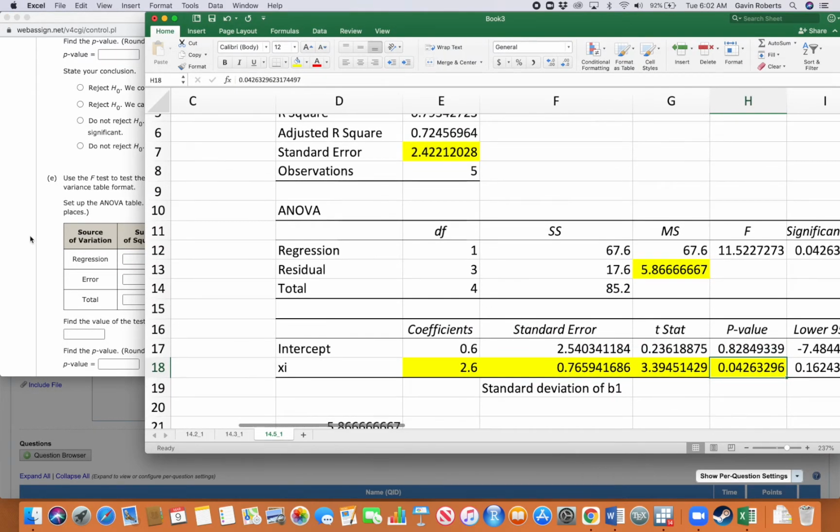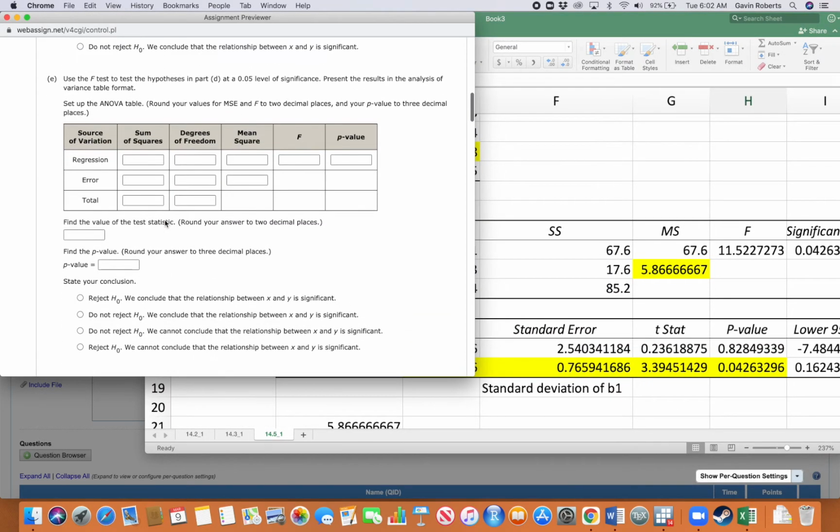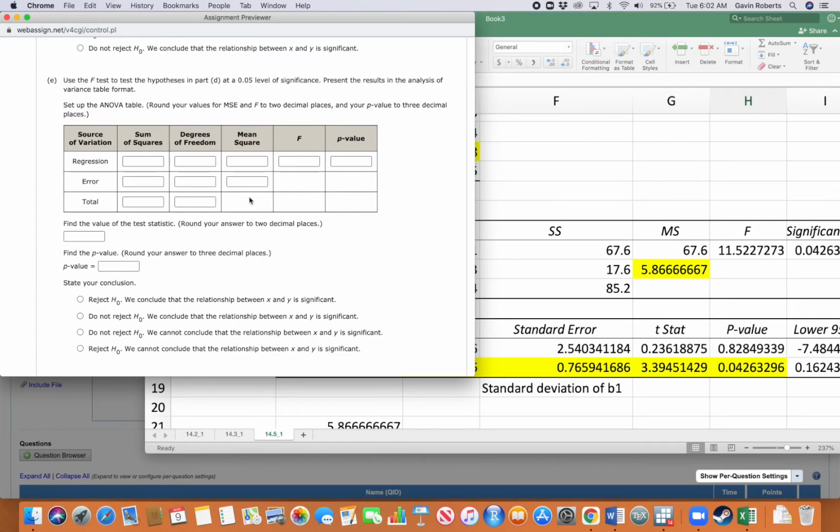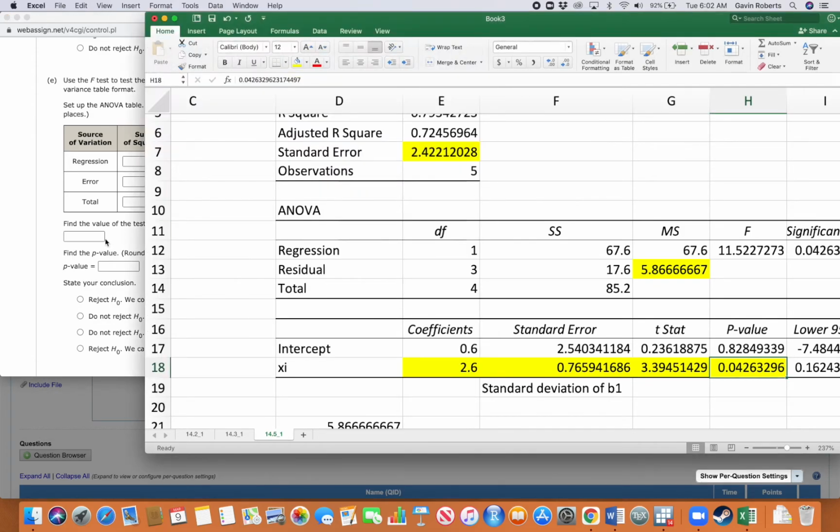And so now there's this horrible table of stuff, which would be really, really harsh to calculate by hand. I'm telling you, it would be horrible to calculate these by hand. But notice, I'm feeling like I'm seeing a pattern here. Regression, error, total; regression, residual, total, but residual basically is a synonym for error.